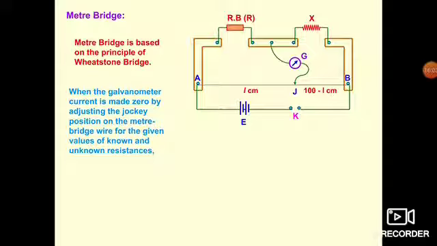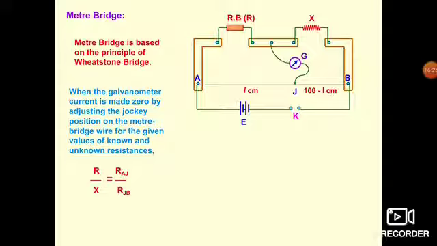So when the galvanometer current is made zero by adjusting the jockey position on the meter wire, for the given values of known and unknown resistance, known being from the resistance box R and unknown being X, we get R by X is equal to RAJ by RJB.